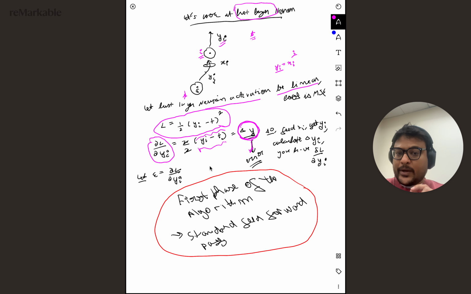Now the key point is that you can use this difference in the activation pattern in a very subtle way to get the gradient on this particular weight wij, and you don't need to compute f dash or any secret sauce or complex expression. There is a way to get around it. So this is the first phase of our algorithm.